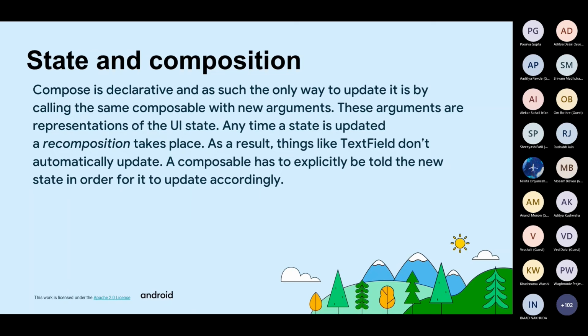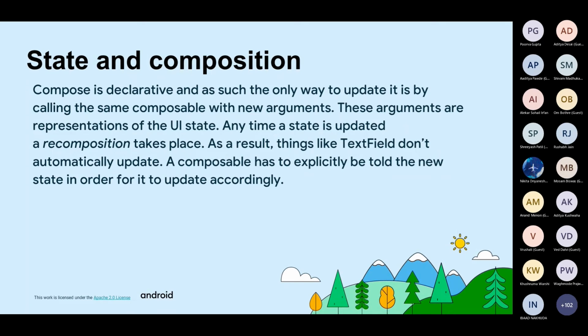State and composition. Compose is declarative, and as such, the only way to update it is by calling the same composable with new arguments. These arguments are representations of the UI state. Anytime a state is updated, a recomposition takes place. As a result, things like a text field don't automatically update.